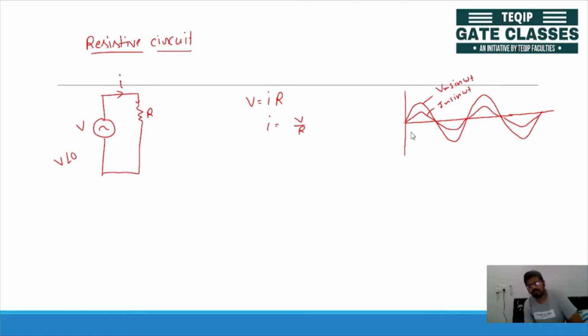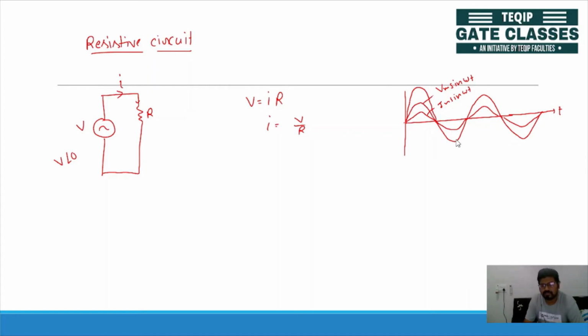Then what will be the waveform of power? For power, you can simply write P is equal to VI star. Here you can multiply point to point. V is positive, I is positive, so power will be like this.